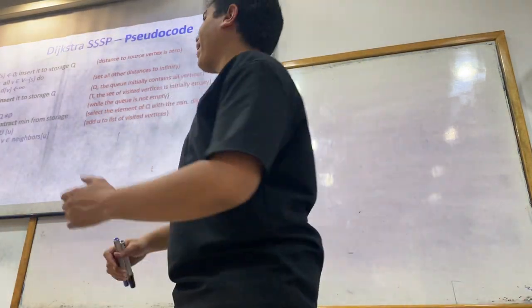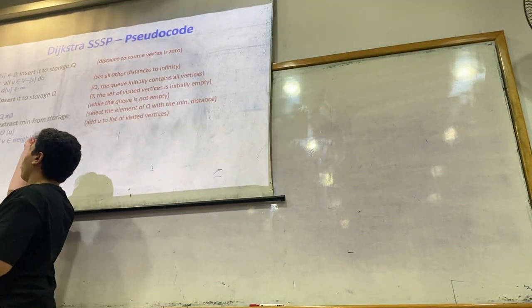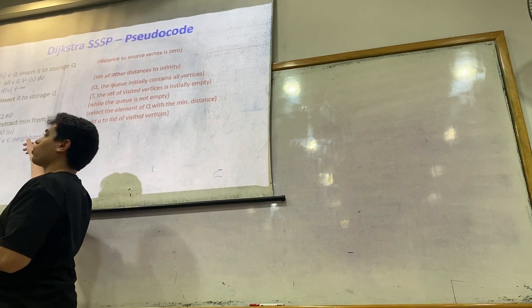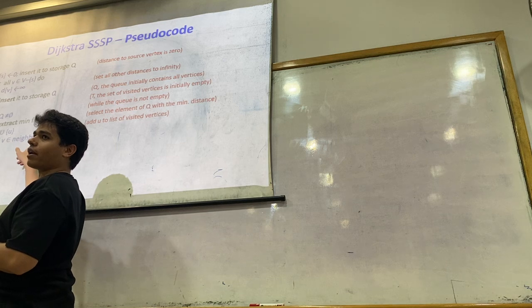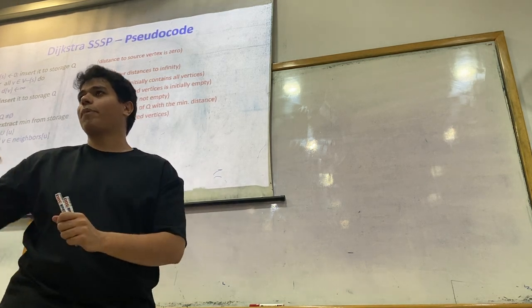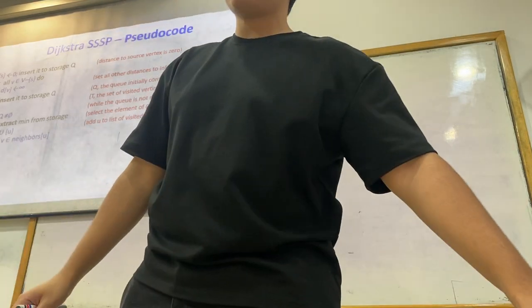That's right. So when I'm at U, I will check all the neighbors of U, and check whether the best distance for U plus the edge weight is better than the one stored for V. If it's better, I will update it and update the parent for it. Otherwise, I will do nothing.